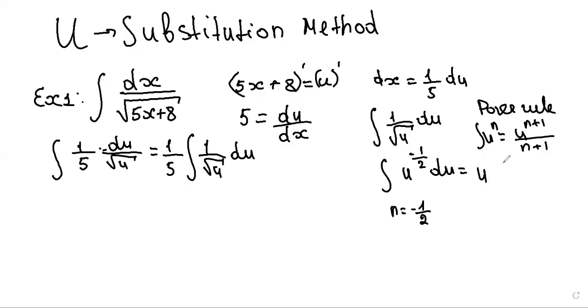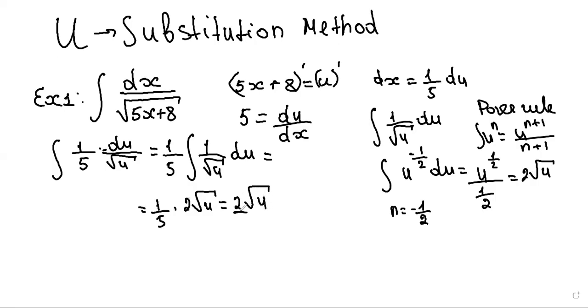So it is u to the 1 over 2 divided by 1 over 2. That will be 2 times the square root of u. So we integrate it, and we will have 1 over 5 times 2 square root of u, that is, 2 square root of u divided by 5.